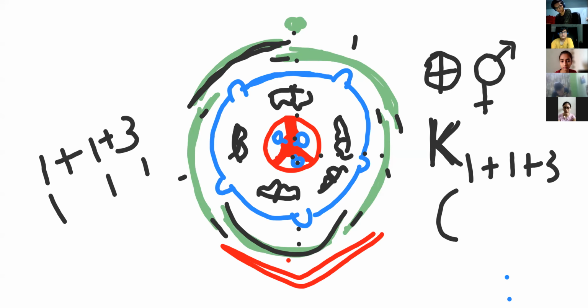How many petals, Misha? 5. Free or fused? Fused. So in bracket or without bracket? In bracket. Correct. And can you tell me in this corolla, what type of estivation is present?